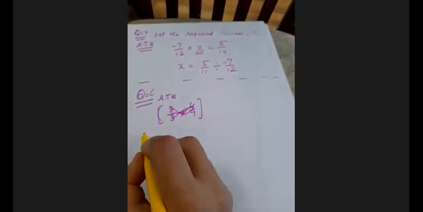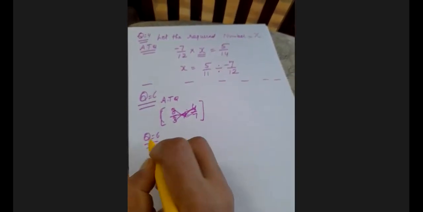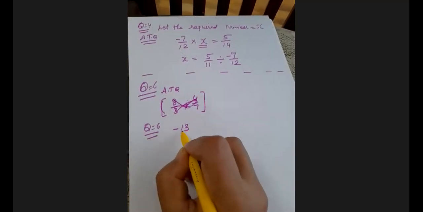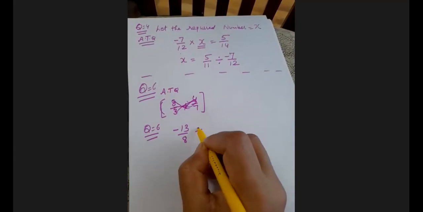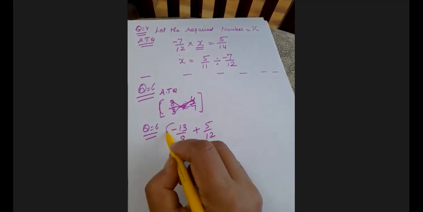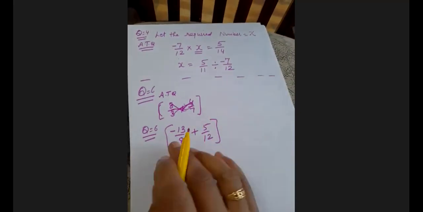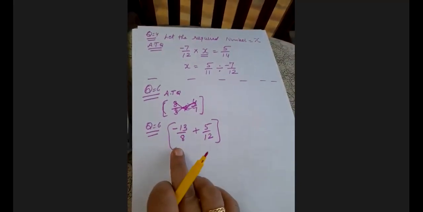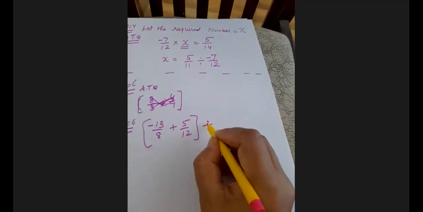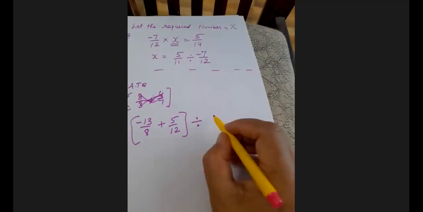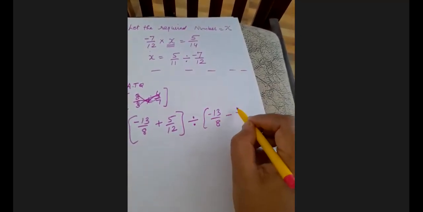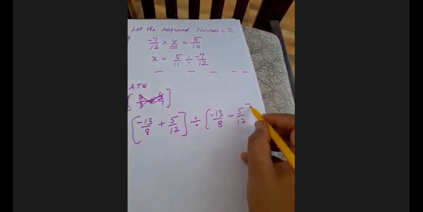Question number 6, the statement is different. Divide the sum of minus 13 upon 8 and 5 upon 12 by their difference, that is minus 13 upon 8 minus 5 upon 12.